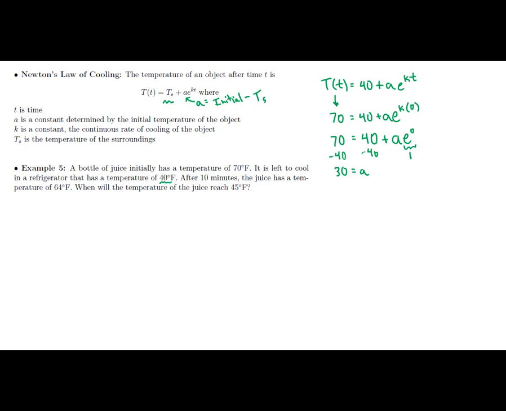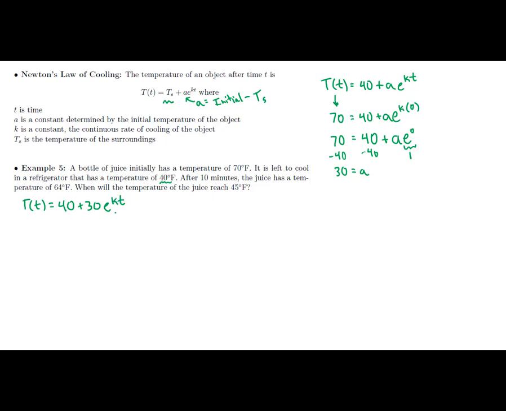And then you wouldn't necessarily have to do this every single time. But at any rate, we know now that that's 30, so updating where we're at, the function is T(t) equals 40 plus 30 e to the kt.